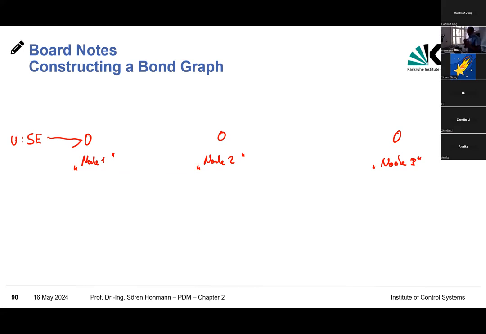Now, I want to depict the difference between two voltages. Suppose node 2 has effort variable 2 and node 1 effort variable 1. The difference between the two can be done using a 1 junction. And with that, I can attach R1.